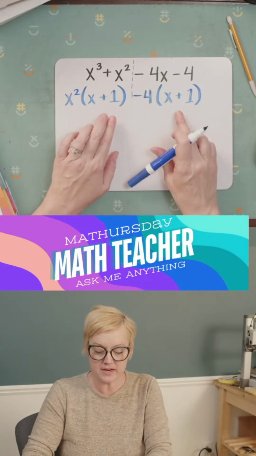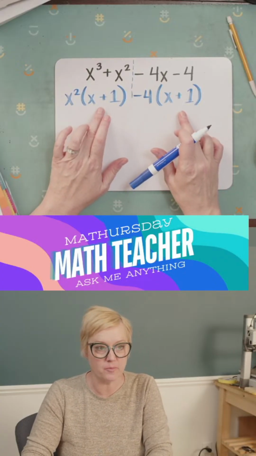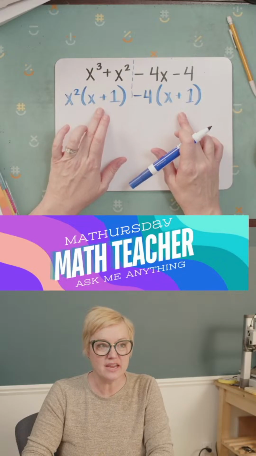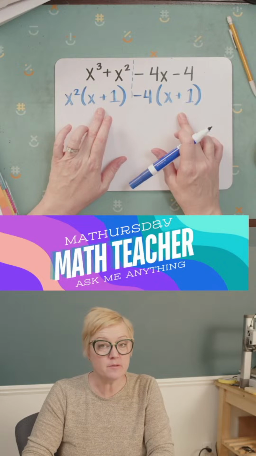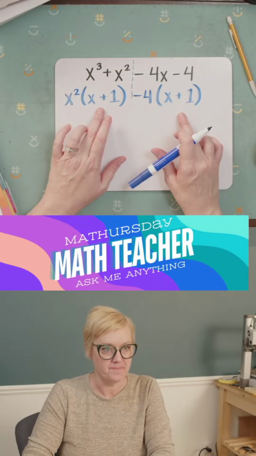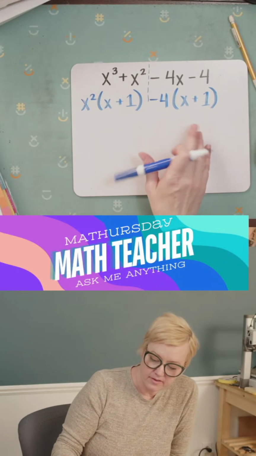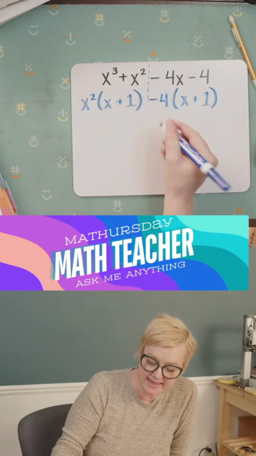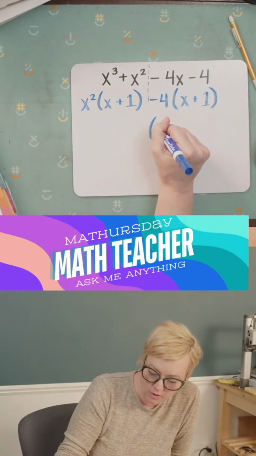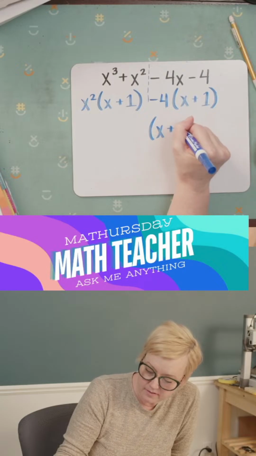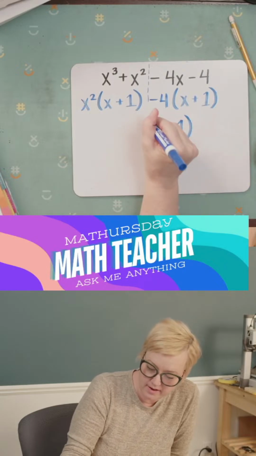The important part is that these 2 things that are in the parentheses need to be the same, okay? The reason they need to be the same is because that is one of your factors, x plus 1.